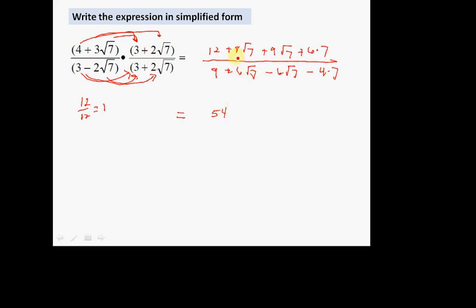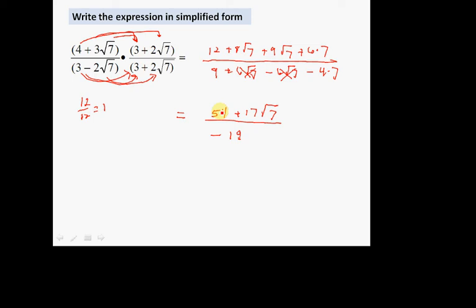And 8 plus 9 is equal to 17, plus 17 times the square root of 7. Look here: we have a plus 6 times the square root of 7 and a minus 6 times the square root of 7, and these just cancel out, equals 0. And we have a negative 28, since negative 4 times 7 is negative 28, and a positive 9. That's going to leave us negative 19.